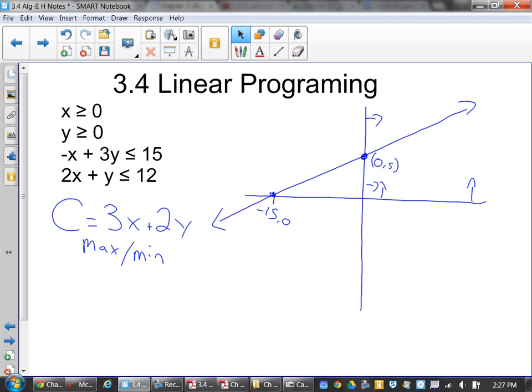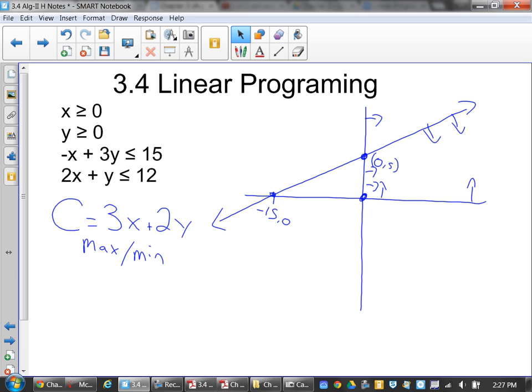I need a test point. What am I going to use? 0, 0. The reason I'm using 0, 0 is because it doesn't lie on that line. So what's 0 plus 0? 0. Is that smaller than 15? Yes. Okay. Now I'm bounding it this way. So 0, 0 is going to work here. Everybody okay with that?